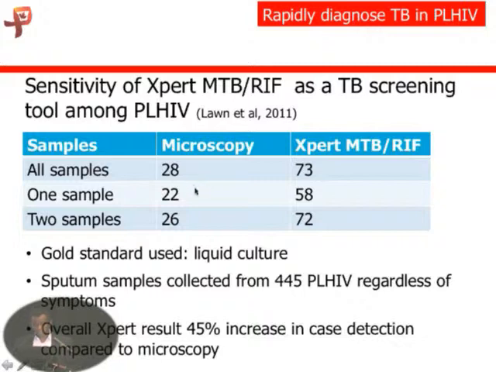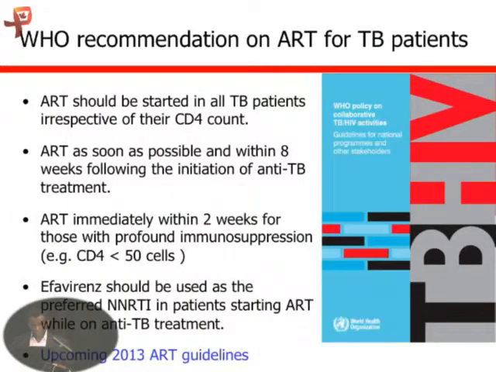For one sample, it was 52. When it was done on two samples, the sensitivity increases to 72%, which means overall there was a 45% increase in detecting TB in people living with HIV when GeneXpert was used regardless of symptoms as compared to microscopy.